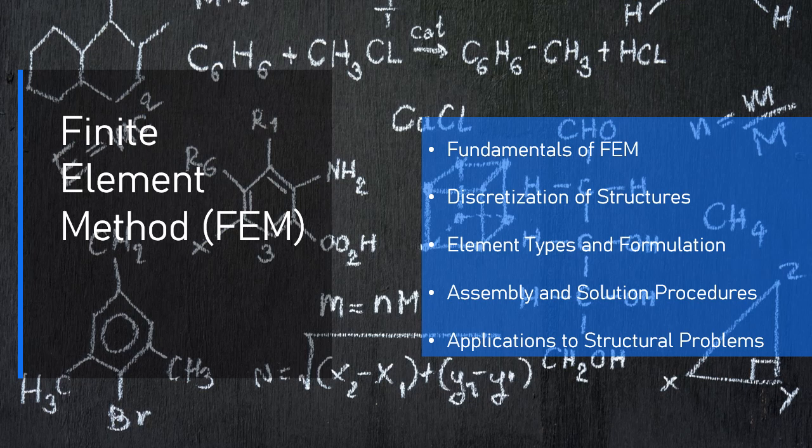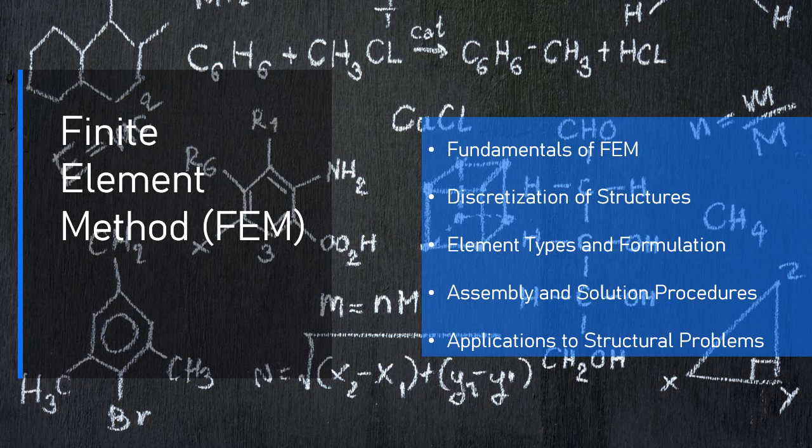The fundamental equation governing the system is Ku equals F, where K is the global stiffness matrix, U is the displacement vector, the unknowns, and F is the global force vector.